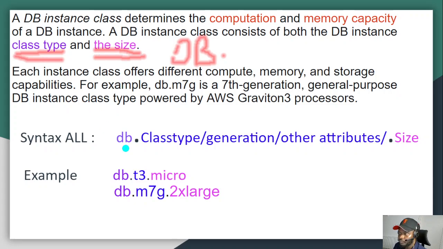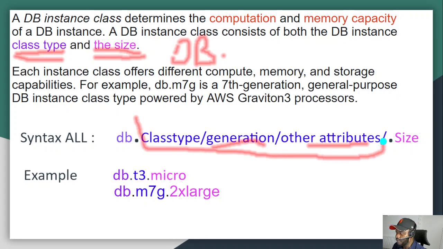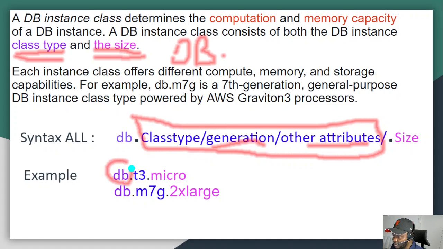Now, within the instance class type, you may have other attributes like the generation. All of these give you the instance class type. So when you see an RDS instance class, first you see DB for all RDS instance classes.